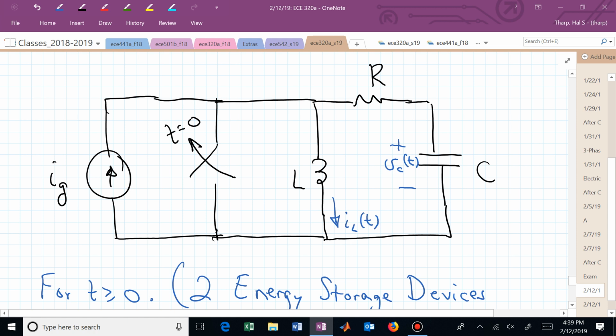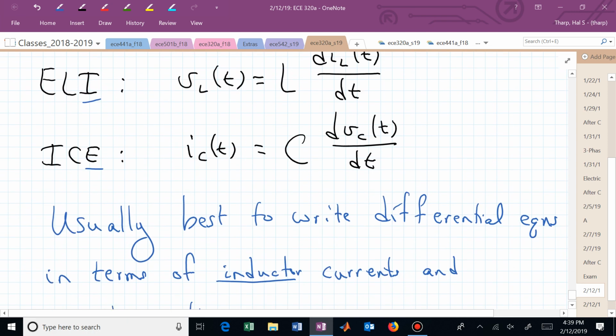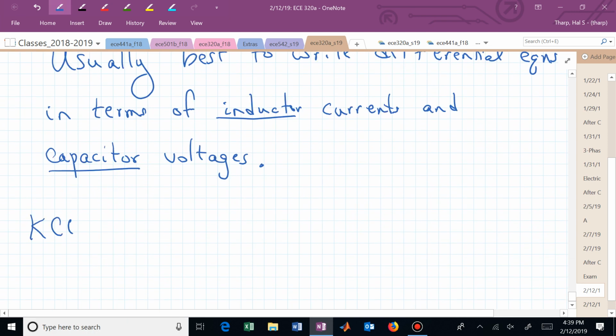Suppose we first want to write a KCL at that node. Let me call this node A and say, okay, let's write a KCL equation at node A.